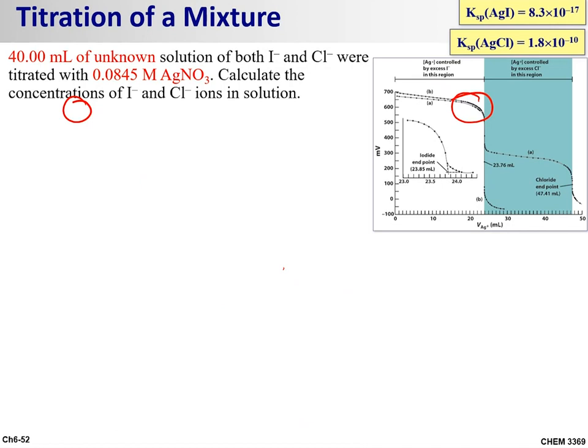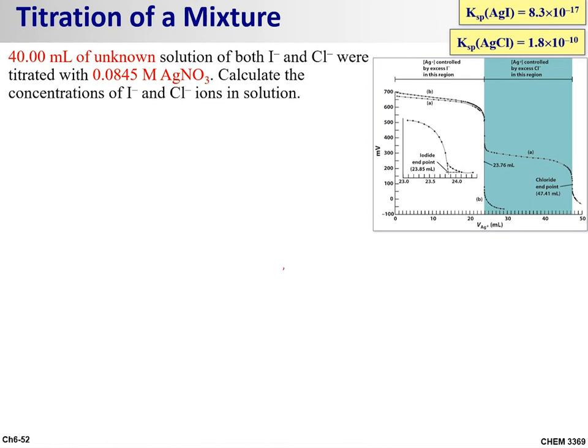I will skip this part. I will give you this on the blackboard. This example shows how to calculate the concentration of iodide and the concentration of the chloride ions.